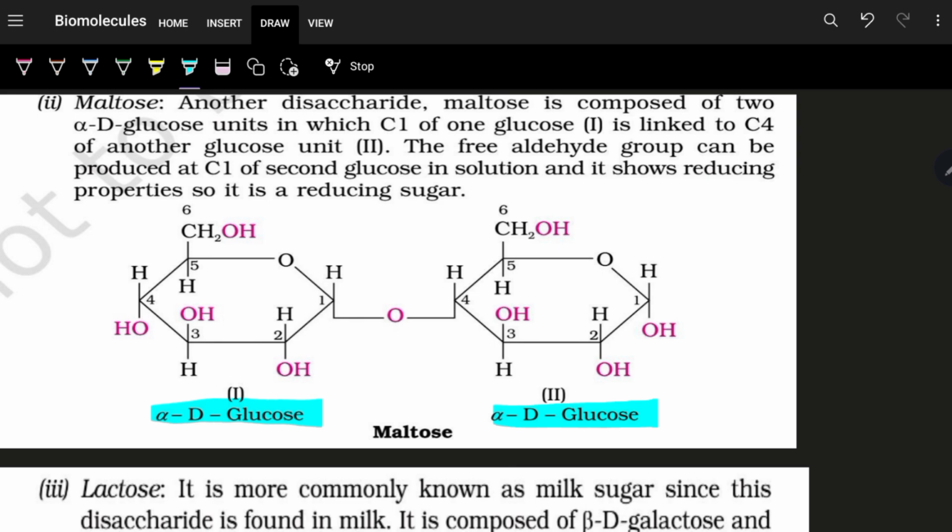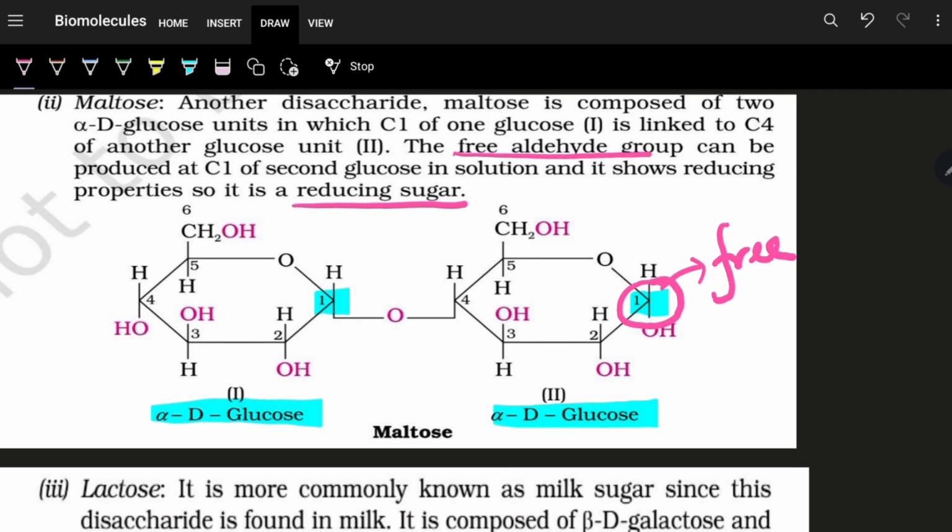So it is a disaccharide, and alpha-D-glucose has anomeric carbon as C1. So one unit has its C1 bonded, but the other unit has its C1 non-bonded or free. Since the anomeric carbon is free, for that reason, it is capable of reducing Tollens and Fehling, for which maltose is a reducing sugar.